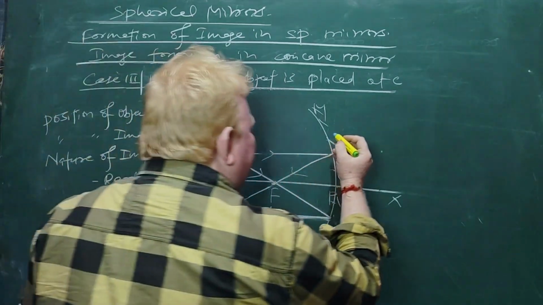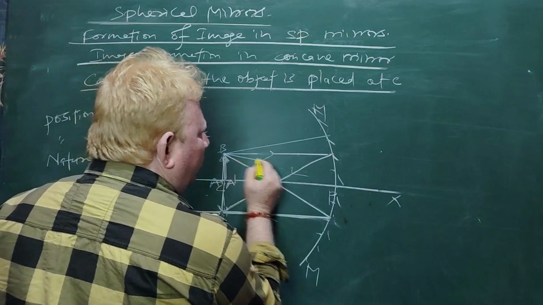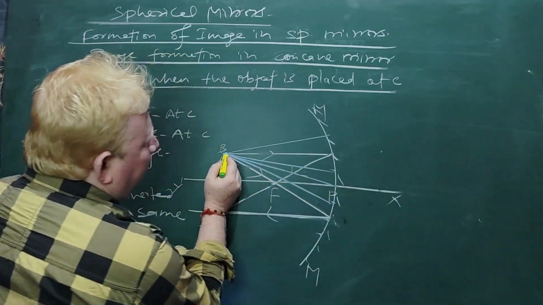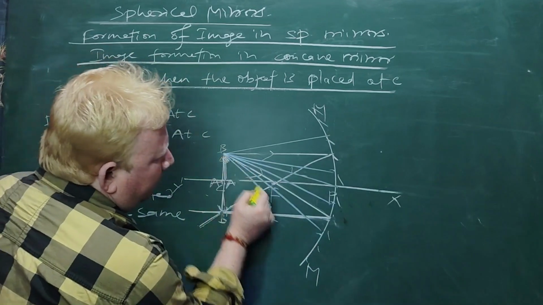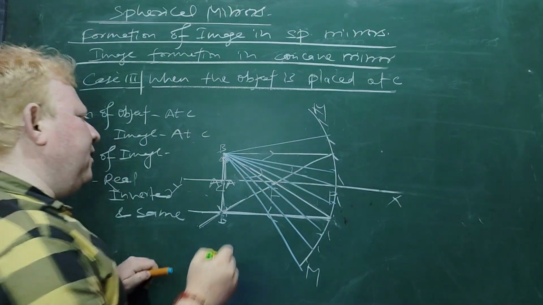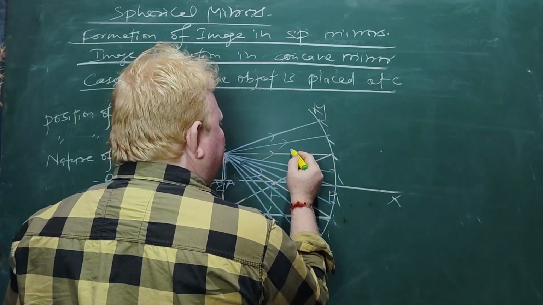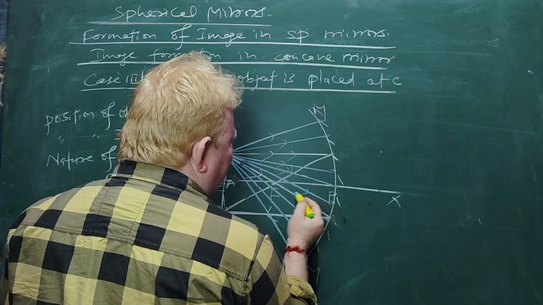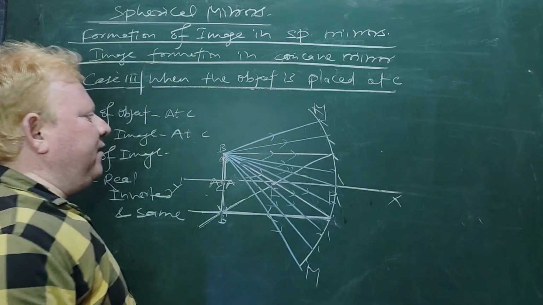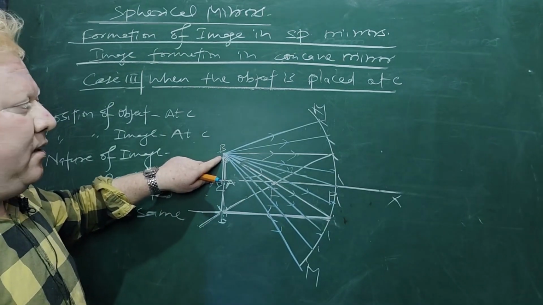You see, I am taking one more light ray, one more this, one more this, and one more. So this many light rays we have considered, and no matter from where they are passing, all the light rays are coming from this point.